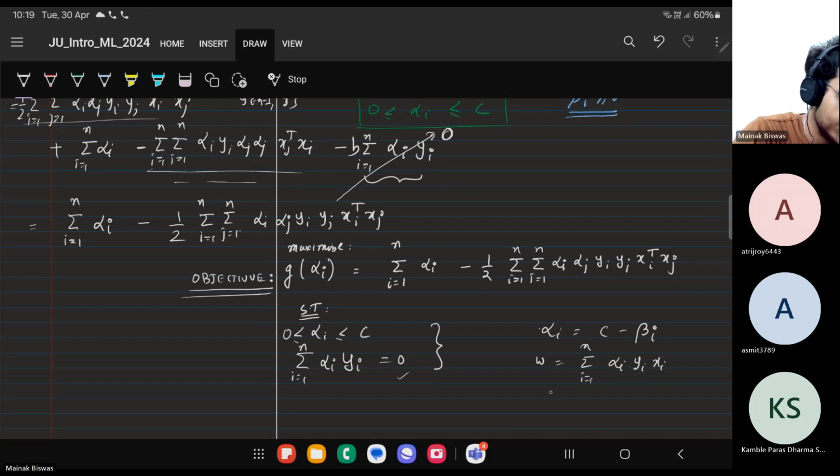And I know in the primal solution there is a constraint, beta i is part of the sum.